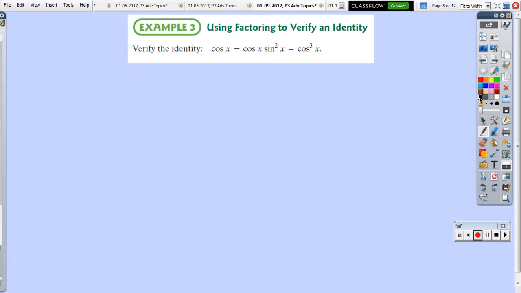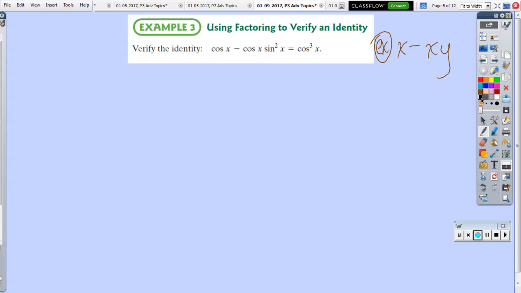Yes, a question? Can I subtract that or no? Could you subtract what? Cosine of x minus cosine of x? Well, this term is not just cosine of x. It's cosine of x sine squared of x. It's like asking if you could subtract x minus xy. I would have to divide.